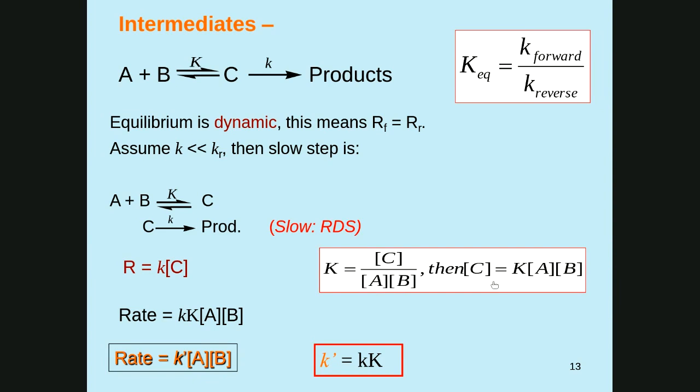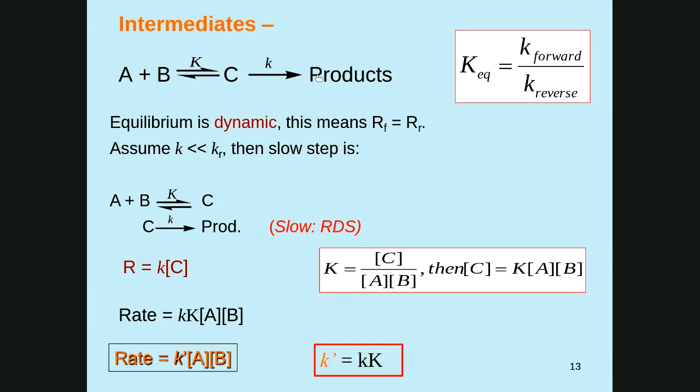So that means that we can write for the concentration of the intermediate that it is equal to K, a constant, times the product of the concentrations of A and B, right? So since the second step is rate determining, the overall rate of the reaction will be the rate of that second step, which is the concentration of C times the rate constant k.